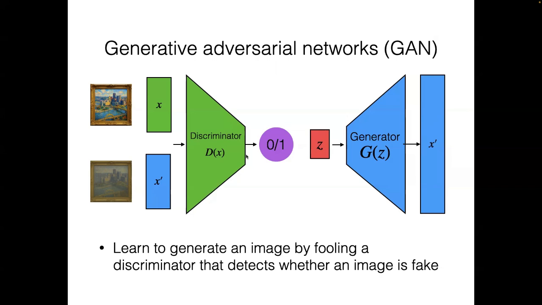But now you have a discriminator, which takes in a true image and an image that your generator generated, and it tries to detect whether the image is real or not. Sometimes you put in a real image, sometimes a generated one. Then you can use the signal to train the generator. The generator's goal is to produce images that look real so that it can fool the discriminator, and the discriminator's objective is to do a good job at detecting the fake images.